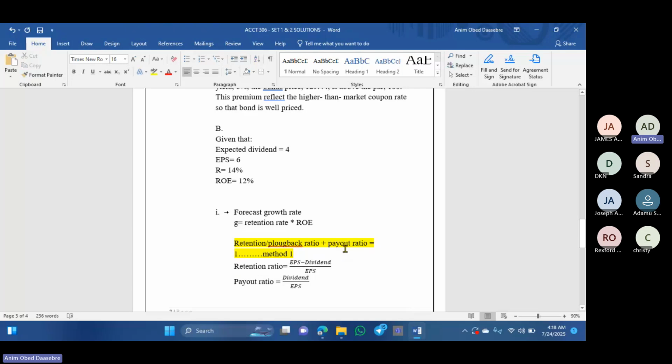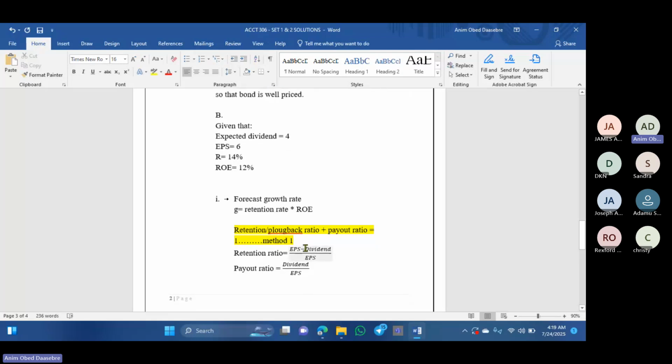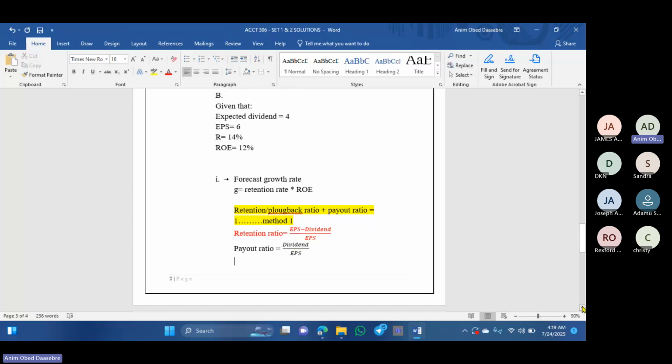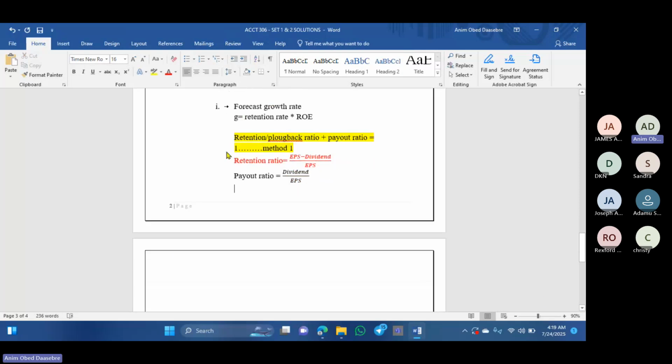But if you don't want to go through these two processes, you can just go straight and find the retention ratio using this method. Our retention ratio, we are going to use this approach straightforward.